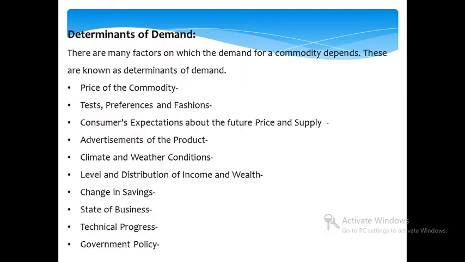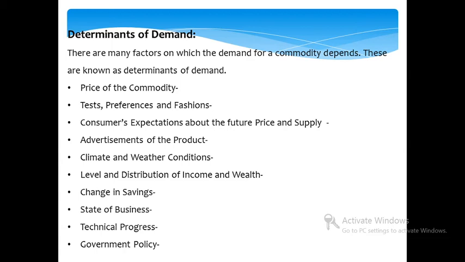Next, determinants of demand. There are many factors on which the demand for a commodity depends. These are known as determinants of demand. The first determinant of demand is the price of the commodity.